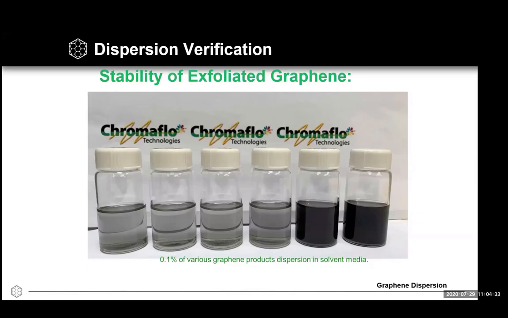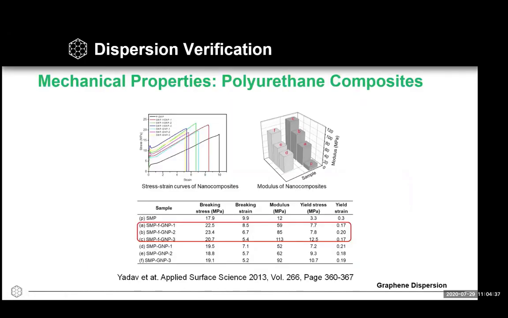So next, I'm going to talk about the mechanical property. Paul already mentioned how the interfacial interaction between graphene and the polymer matrix plays a role in load transfer, the mechanical property in the polymer system.